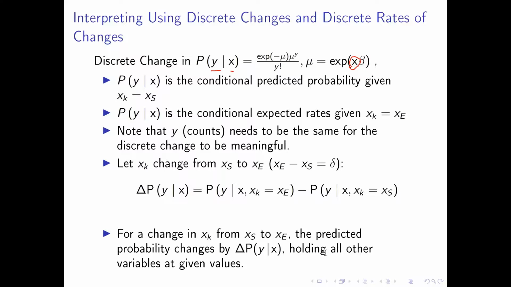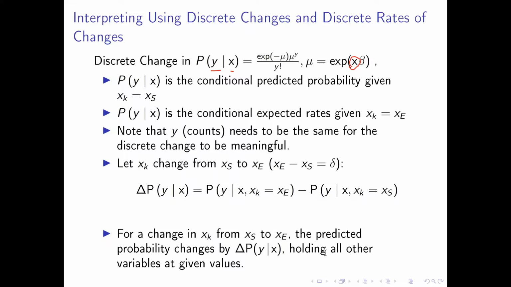So in this case, we're going to say, well, for a change in xk from x subscript s to x subscript e, the predicted probability changes by delta p for the same count y given x, holding all other variables at given values.